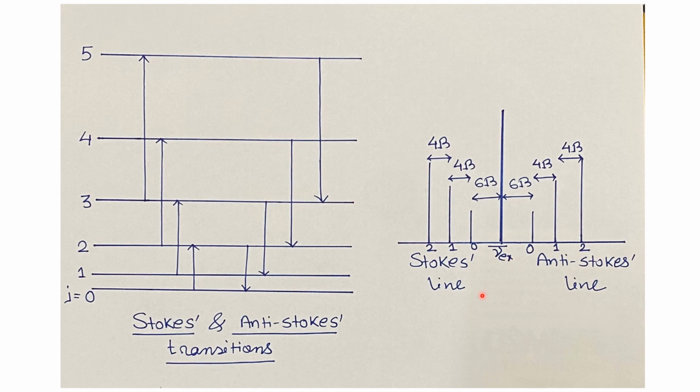The left side spectral lines give the Stokes lines and the right hand side spectral lines give the anti-Stokes lines. But for transitions starting from J equals 1 or J equals 2, the anti-Stokes lines will have a separation of 4B. A similar case happens for the Stokes lines also. On the left side, for J equals 1 or J equals 2, the separation between the spectral lines is 4B. So that is the energy difference between two consecutive spectral lines.